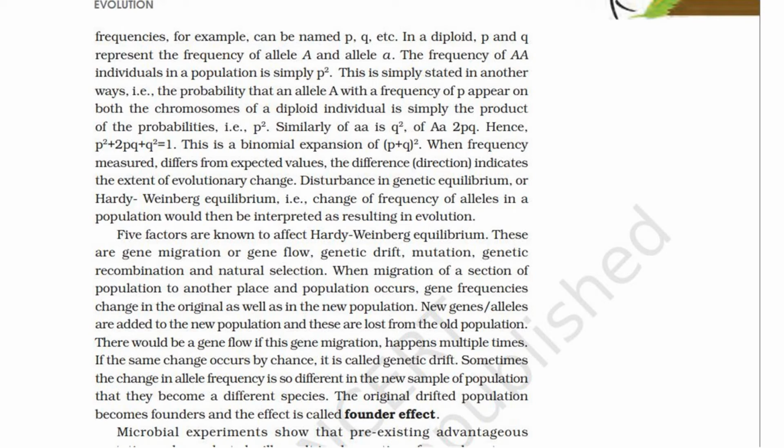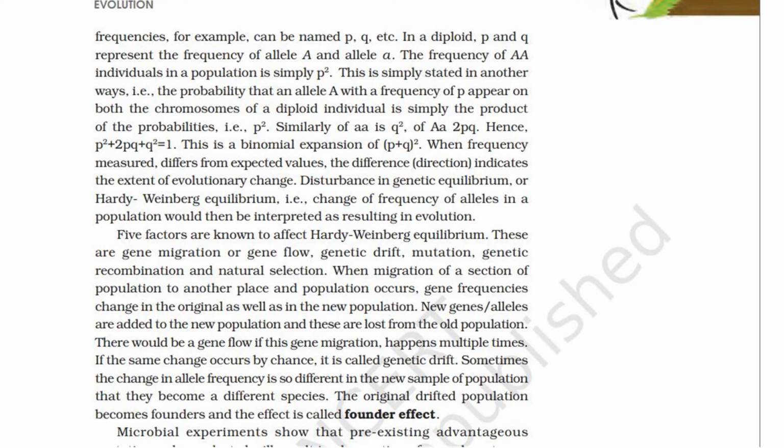Similarly of small a is q squared, of capital A, small a 2pq. Hence, p squared plus 2pq plus q squared equals 1. This is a binomial expansion of (p plus q) whole squared. When frequency measured differs from expected values, the difference direction indicates the extent of evolutionary change.